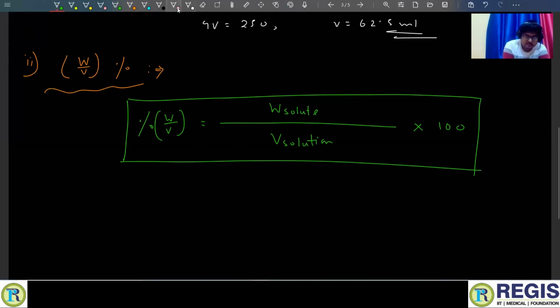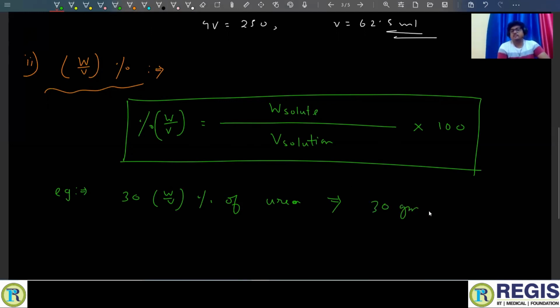Now in your question, in your example, suppose 30 weight by volume percentage of urea is given. What is the meaning of that? We can write 30 gram of urea dissolved in 100 ml of solution.